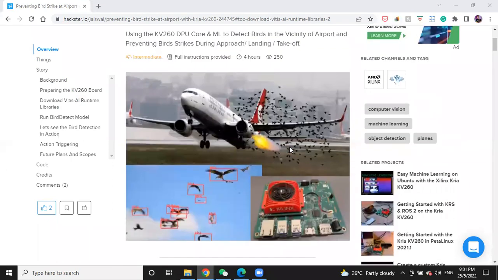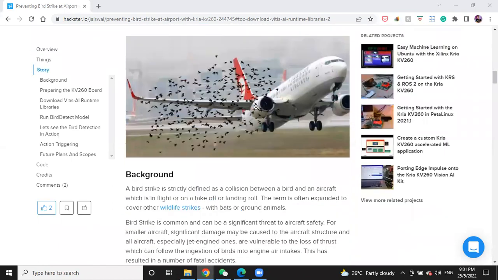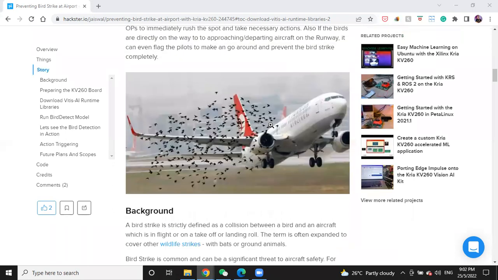There are a lot of reasons why birds make their way into the aircraft. The first thing is the color of the aircraft. They are always looking for food. For example, on an airfield, they are always in search of food, maybe some seeds.